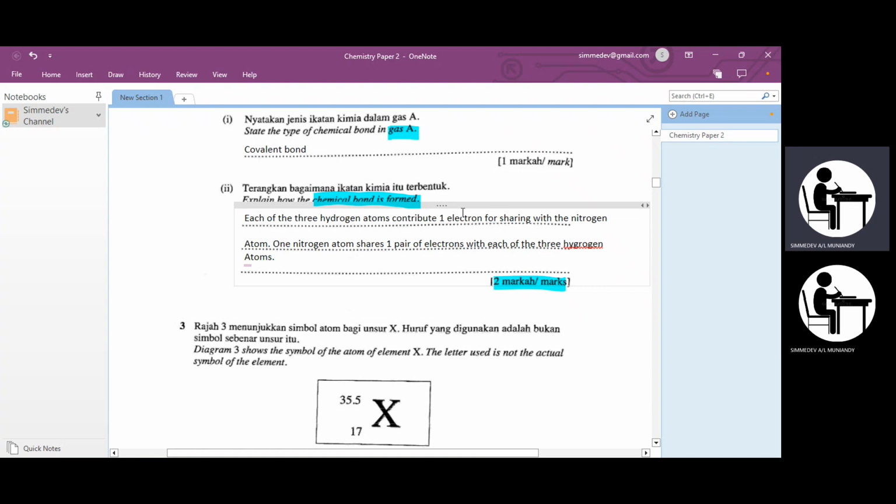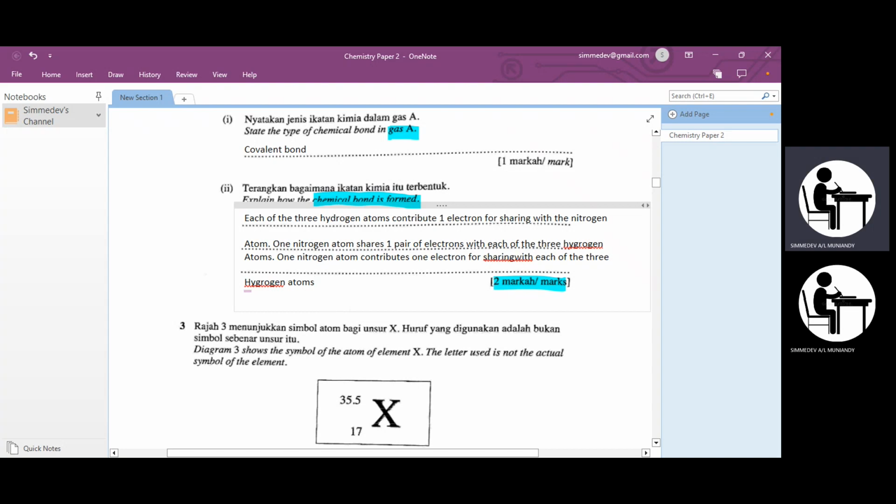So the 3 hydrogen atoms contribute 1 electron for sharing with the nitrogen atom. 1 nitrogen atom shares 1 pair of electrons with the 1 nitrogen atom contributes 1 pair of, contributes one electron for sharing with each of the three hydrogen atoms.